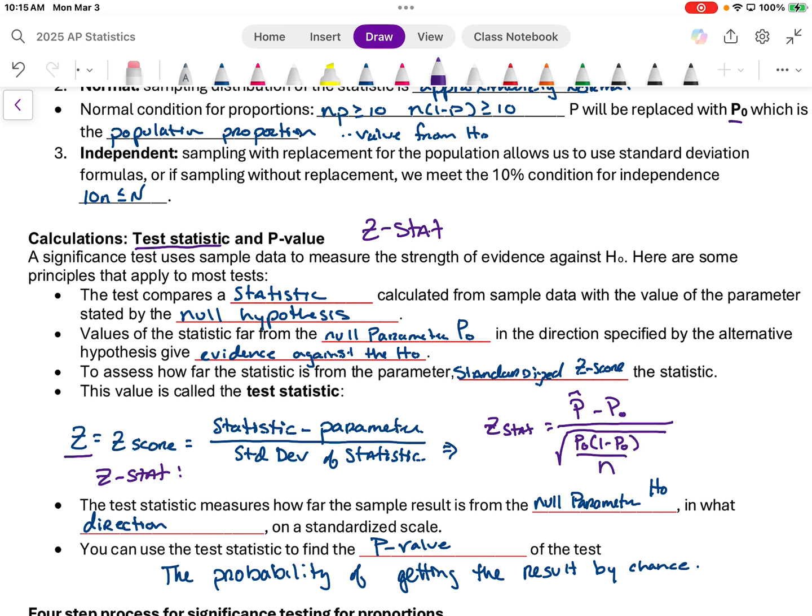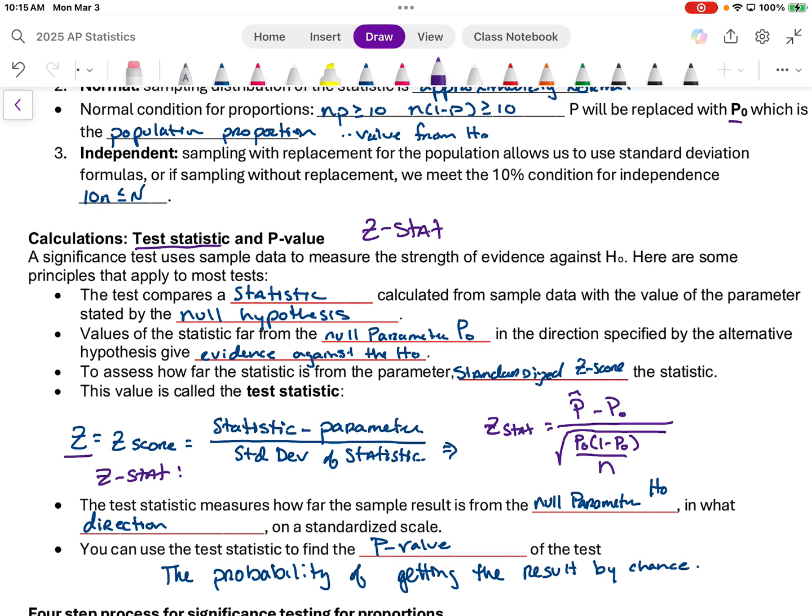That's how we calculate our z-statistic. We take our p hat value, subtract the null hypothesis value from it, and then divide by the standard error, which is the square root of the null hypothesis value times 1 minus that value, divided by the sample size.